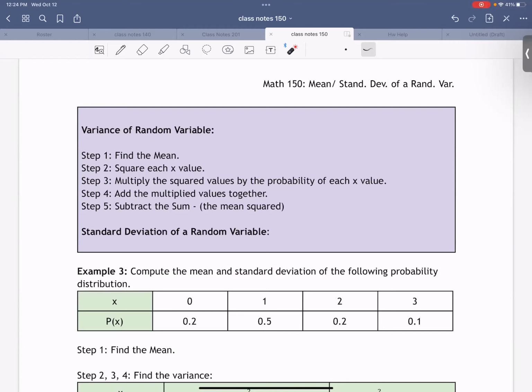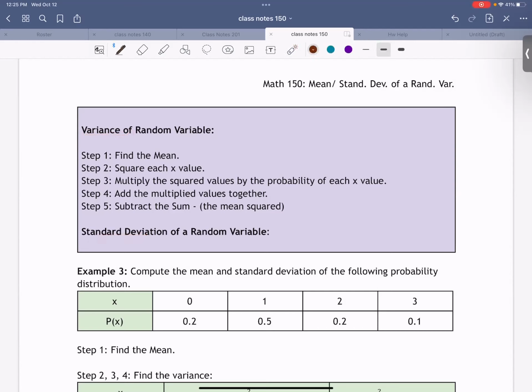I don't know if you remember, but before we found the standard deviation of something, we first found the variance. Does everyone recall that word? Does anyone know how to get the standard deviation from the variance? I think I heard square root, right?